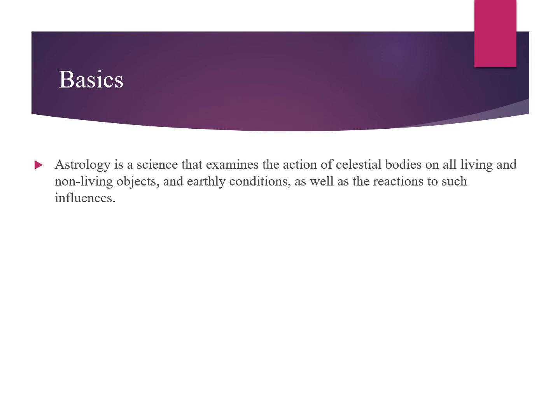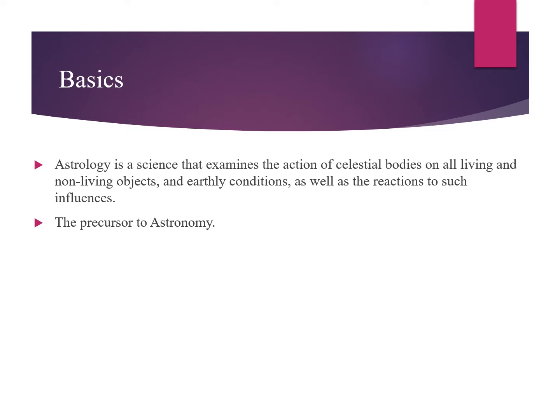So just some of the basics about astrology, and we're going to be looking at the signs in this video, the zodiacal signs. Astrology is a science that examines the action of celestial bodies on living and non-living objects and earthly conditions, and how these conditions influence us and how we relate to these influences.